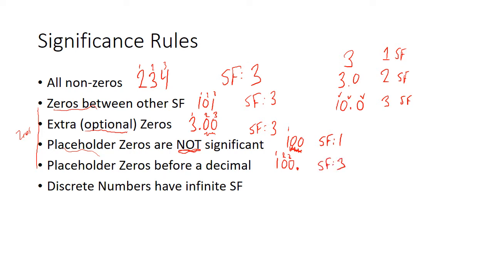Okay, what if you needed something in between? What if you needed to express 100 as 2 sig figs for whatever reason? What you'd have to go to is your old friend, yes, scientific notation.